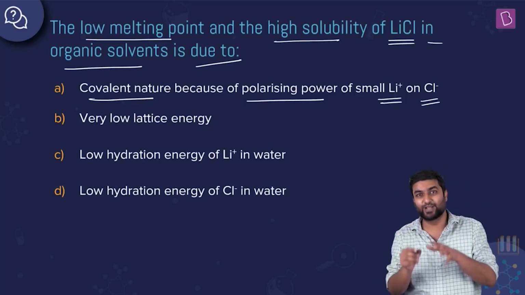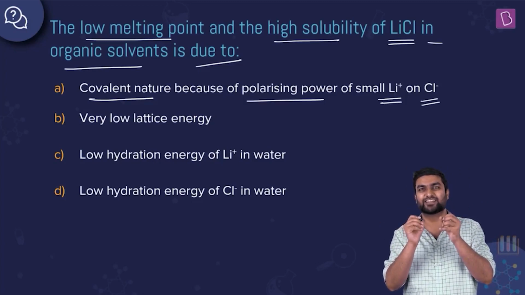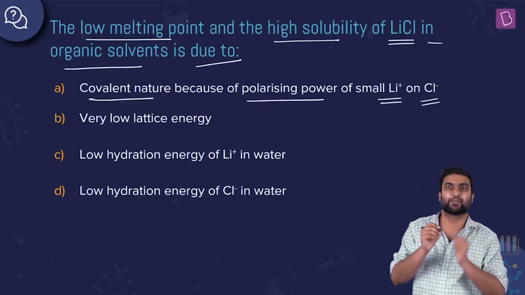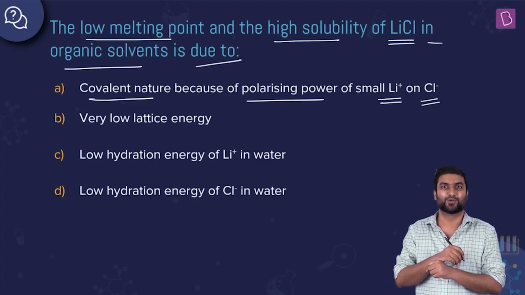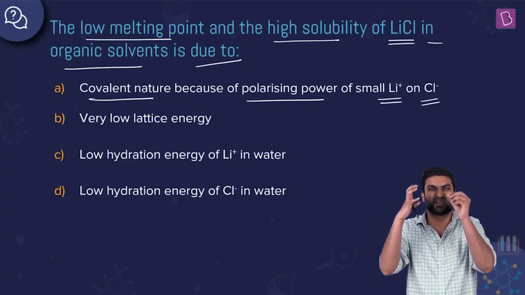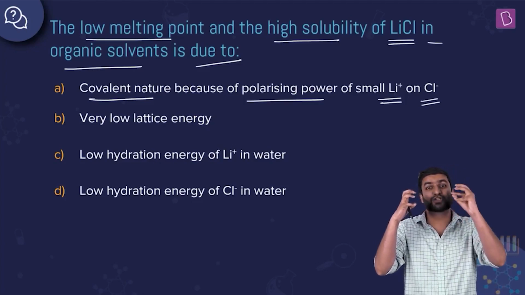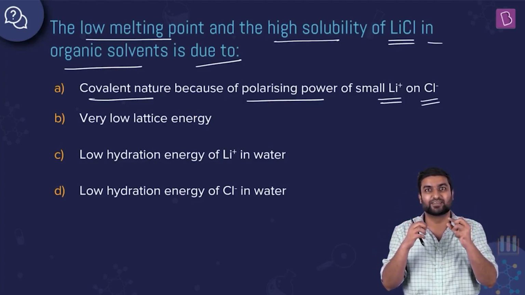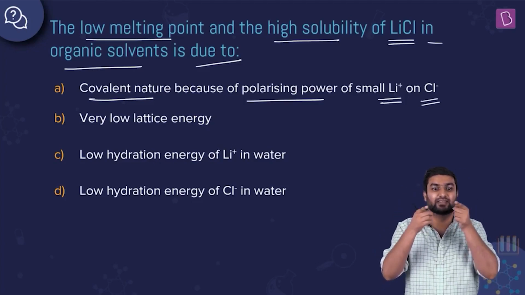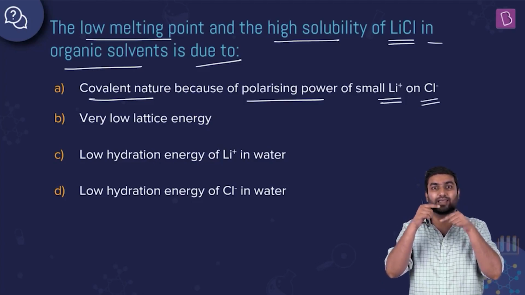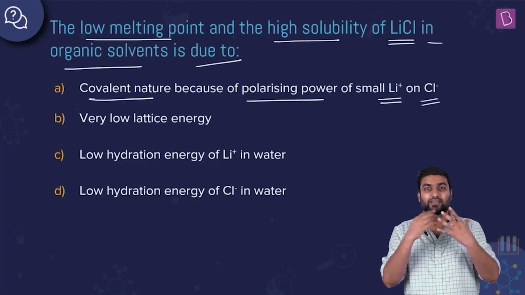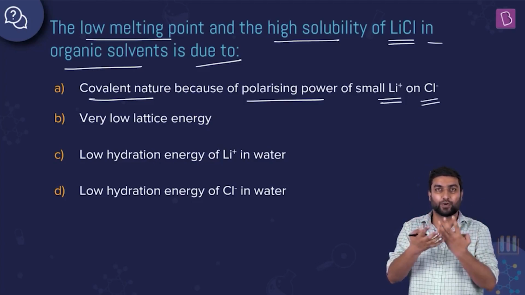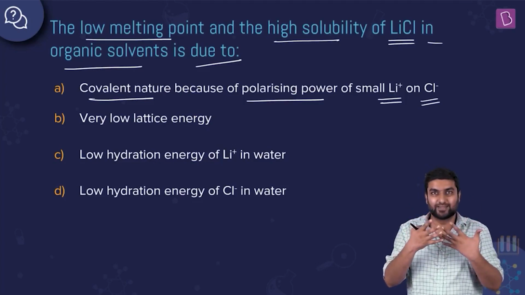In the surrounding of that Cl-, you bring Li+. What's going to happen? Distortion of the electron cloud is going to happen. Because of that, there will be some region where the electrons of lithium and chlorine coexist.